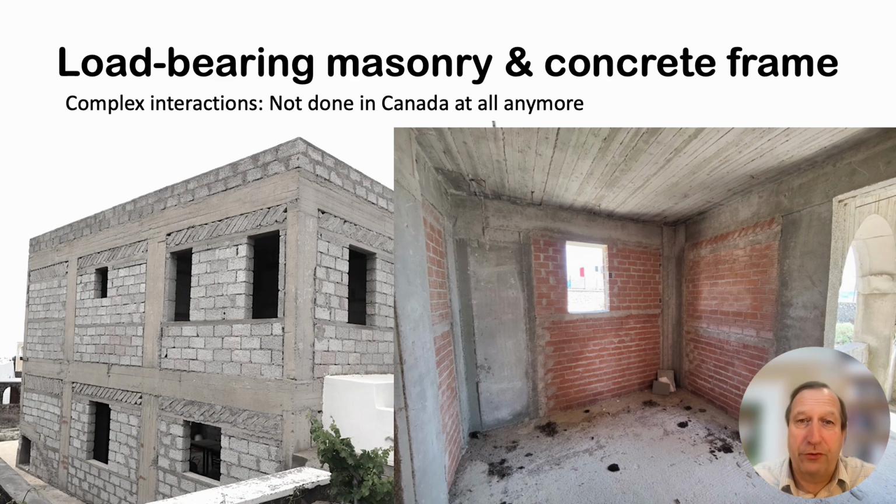What part of this assembly takes what part of the load? How much of the lateral loads are taken by the reinforced concrete frame? How much of the lateral load is taken by the brick masonry or the concrete block masonry that fills it in? So while this is quite common to many parts of the world, it is essentially not done in North America at all anymore.